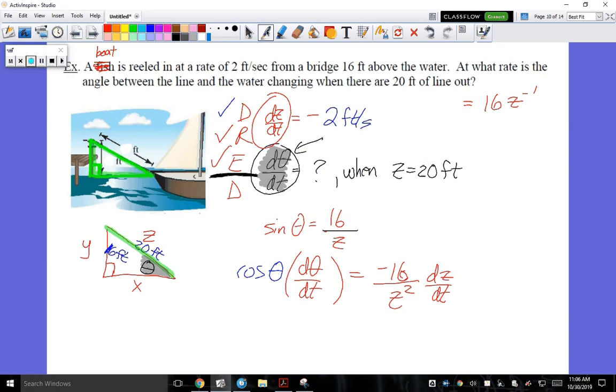Alright, here we go. We're going to plug in dz dt with a negative 2. We're going to plug in z with 20. We're substituting right now. I'm looking for d theta dt.